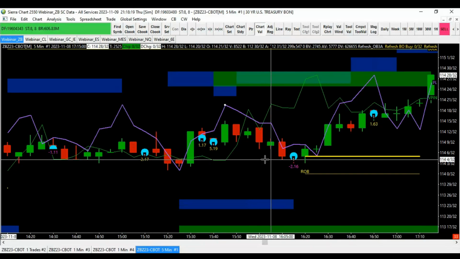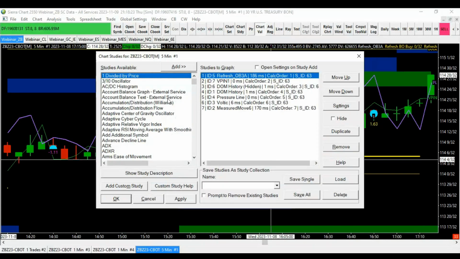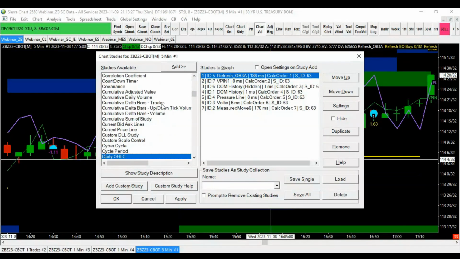I'll just show you very quickly. You see down here, in the standard Sierra indicators, this is not often, this is Sierra Chart standard indicators. So you have 3 cumulative delta bars, one for trades, one for up-down tick volume, and one for volume.